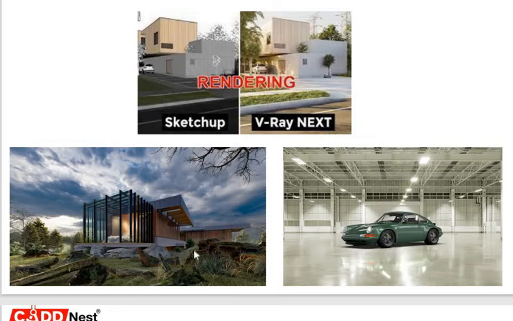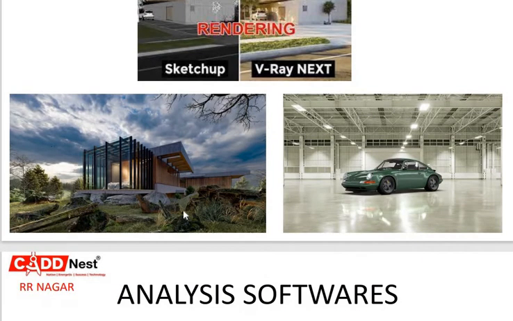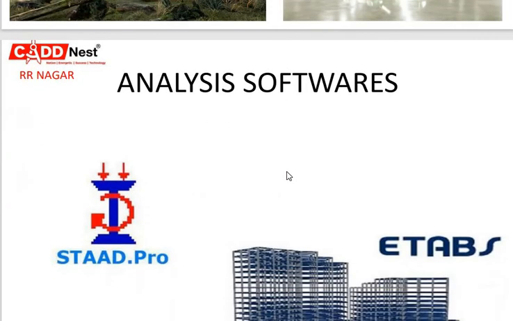Here you can apply lighting work, the surrounding environment, and the materials, you can give shadow and glossy effects, and so on. You can implement a few motions also in Lumion. So that is it for the rendering softwares.